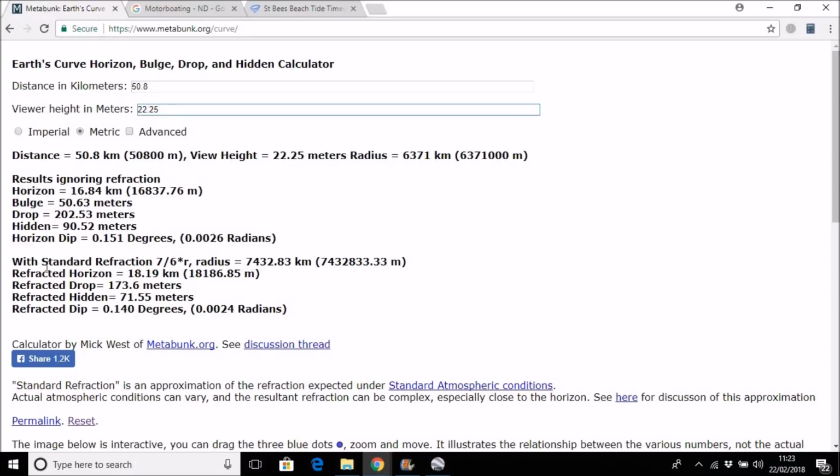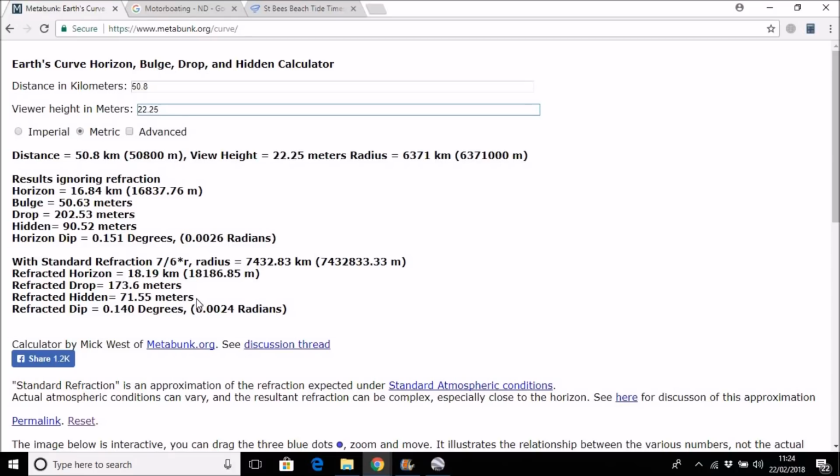Well, standard conditions almost never occur. The amount of refraction is always either going to be greater than this or less than this. So if on a day in question we have a low tide and more than the standard refraction conditions, then we'd expect to be able to see the light from the lighthouse.